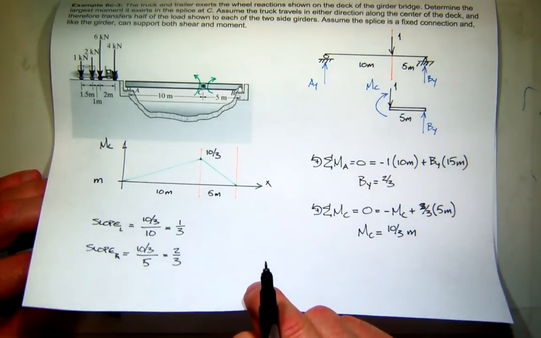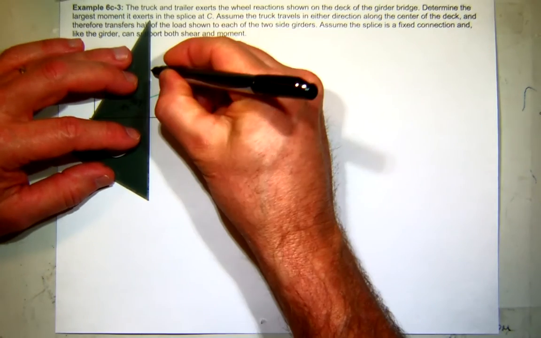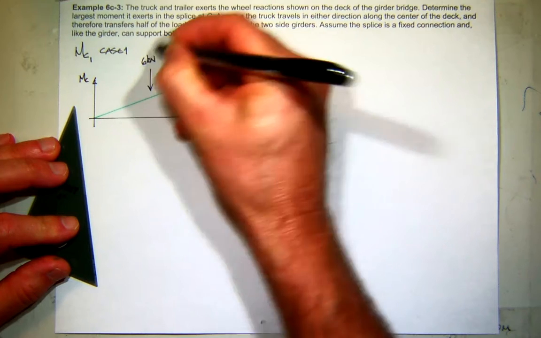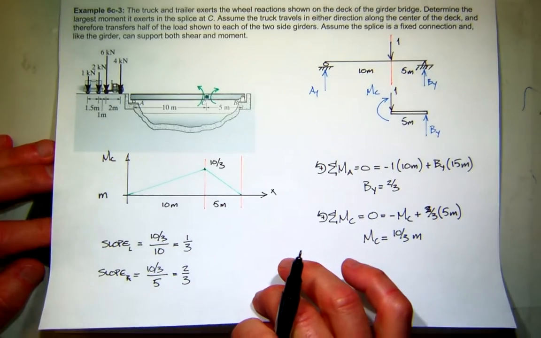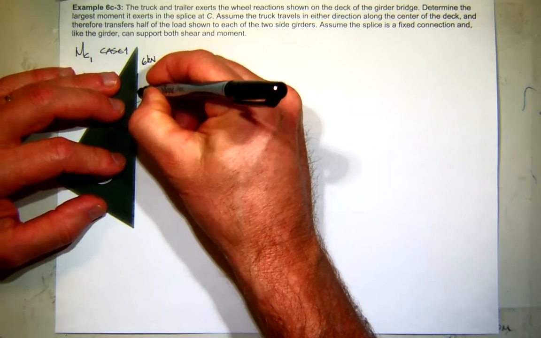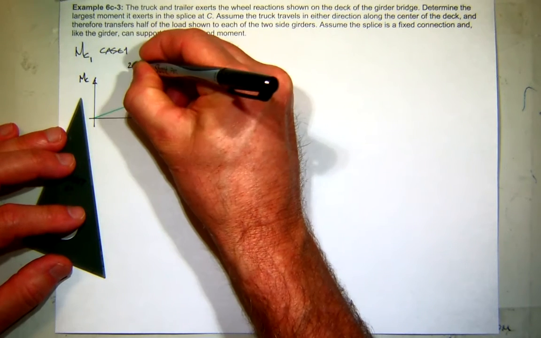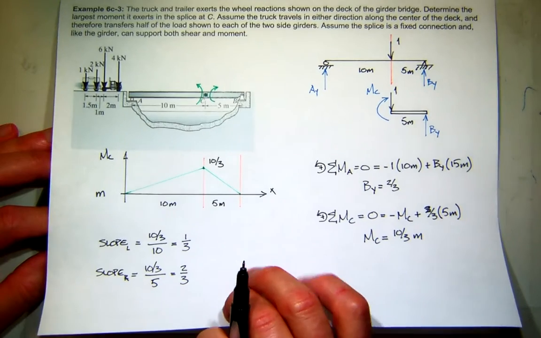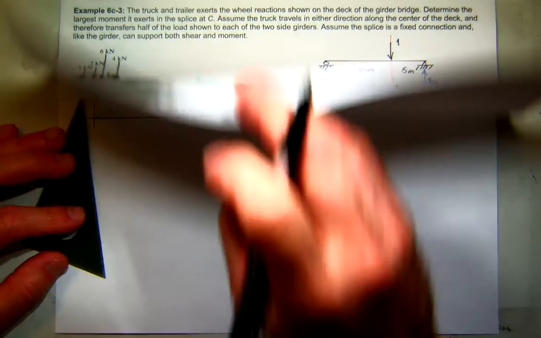And then 2 meters back is 6. Sorry for having to flip back and forth. And then 1 meter back is 2. And then 1.5 meters back is 1.